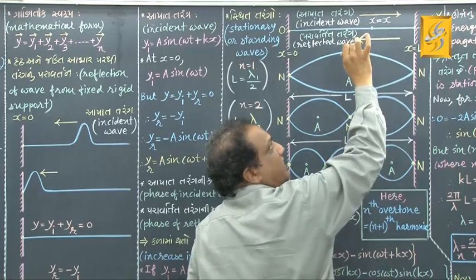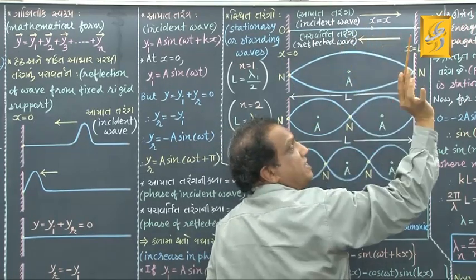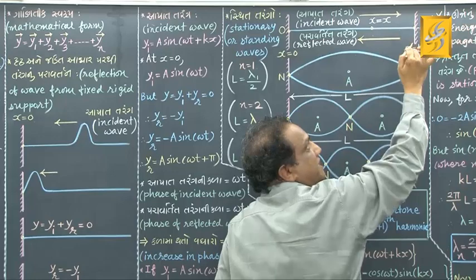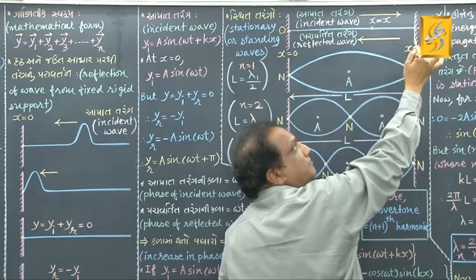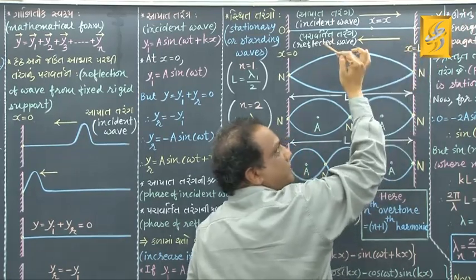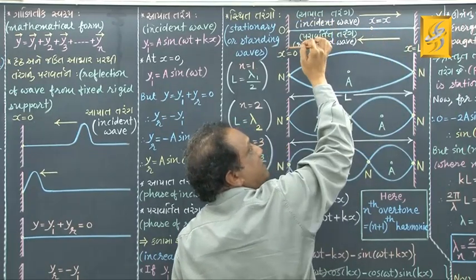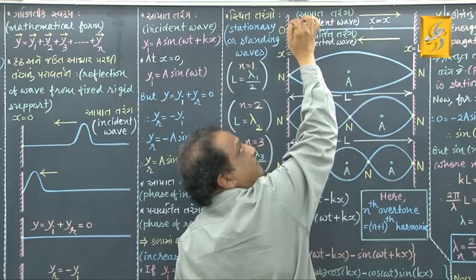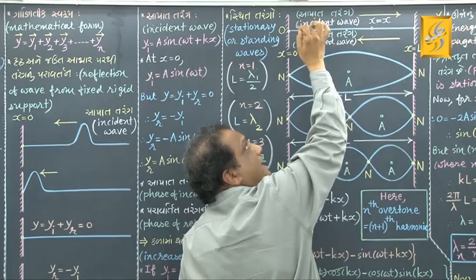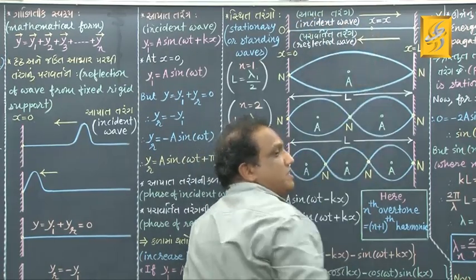The wave which propagates toward the right hand side will be reflected from this right hand side fixed rigid support, and then it will propagate this way. The wave which is propagating this way will be made incident here, it will be reflected from this left hand side fixed rigid support, and then it will propagate this way.